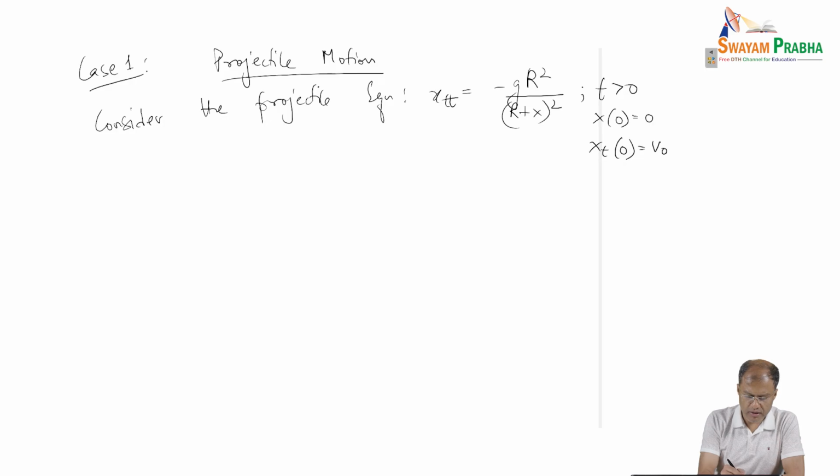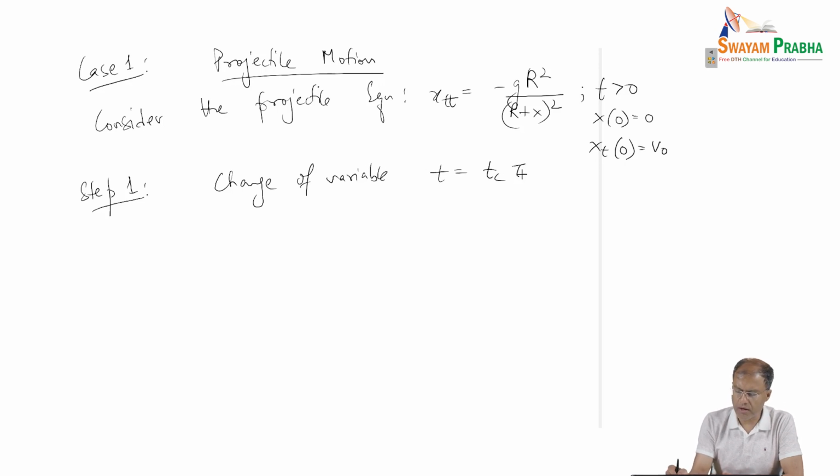So now the first step in non-dimensionalization scaling is we are going to introduce certain characteristic variables through which we non-dimensionalize. So we use a change of variables, t is equal to tc times tau and x is equal to xc times u, where we are going to find these tc and xc, the characteristic variables, later on.